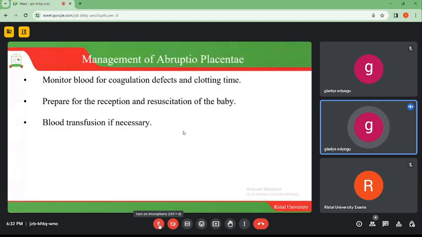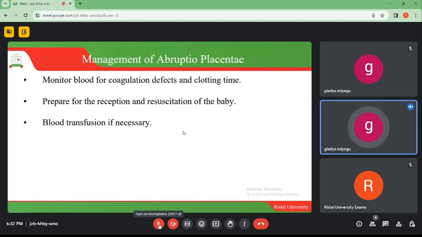So labs are very vital for you to do before you take this mother into theater, so that you can gauge how long you are going to take to carry out the Caesar, because the faster you are, the better. And also the type of blood products that you're going to transfuse can be one of the contributing factors to help you save the life of this mother.